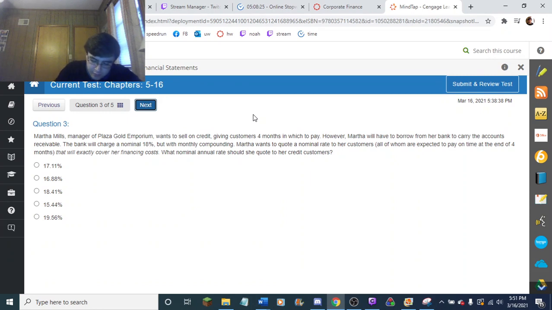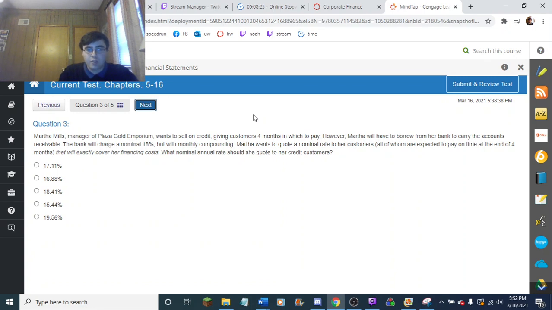So if F equals... the nominal rate is 18, enter C/Y.